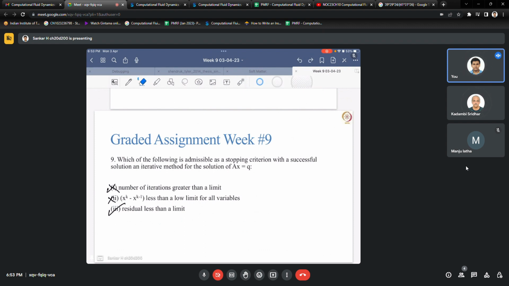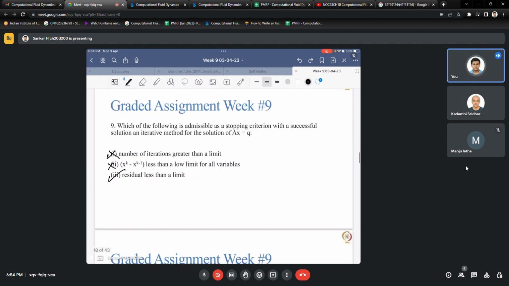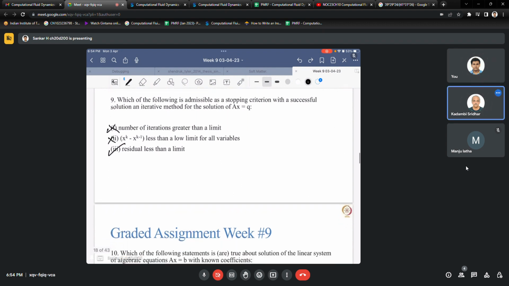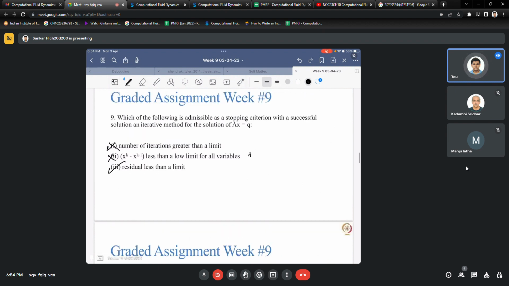So the correct answer is the mathematical approximation, or we can quantify it by finding the norm of the residual less than a limit, whether it be an infinite norm, first norm, second norm, whatever it is. A quantification can only be done through the residual. And xk minus xk minus 1 can be plus or minus.